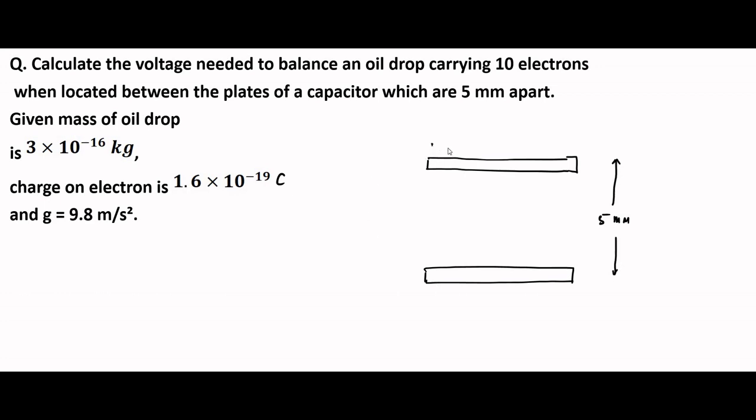Let's say this is the positively charged plate and this is the negatively charged plate, so the electric field will be acting in this direction. Here we have an oil drop, and it has 10 electrons.